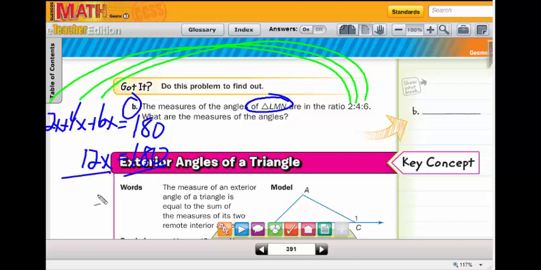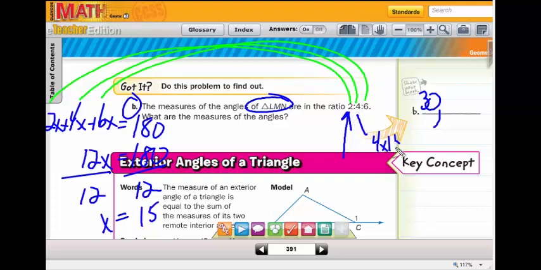Clearly we have to divide both sides by 12. So we have 180 divided by 12 is 15. So if x equals 15, then 2x, that's twice that much, that's 30. So our first angle is going to be 30 degrees, and then twice that much again, or 4 times 15 would be 60, and then lastly 6 times 15 would equal 90.